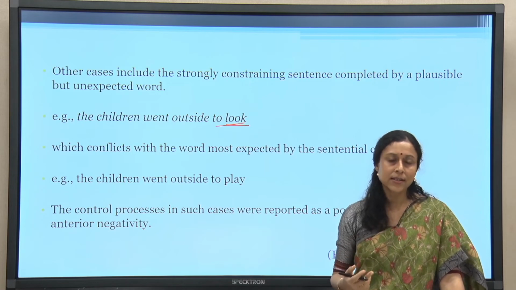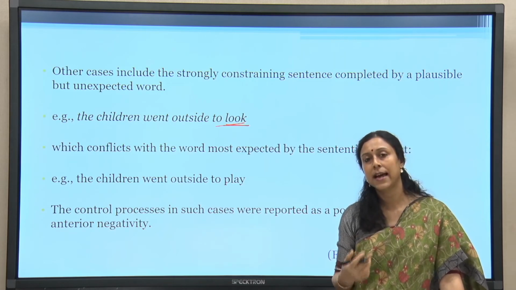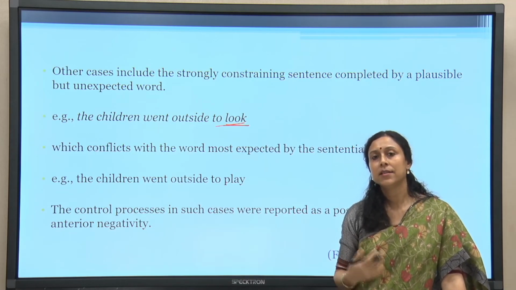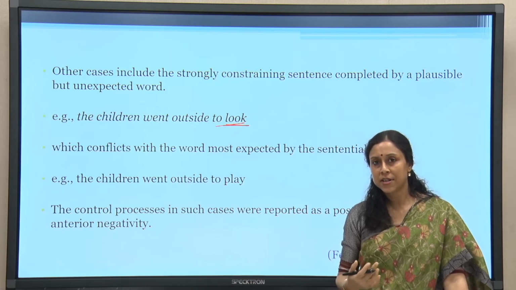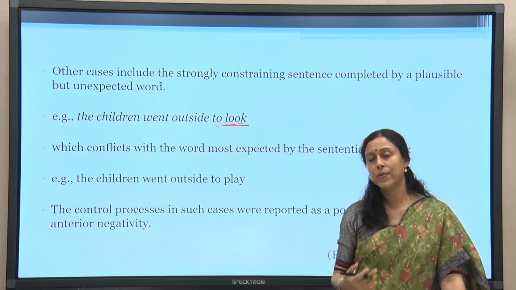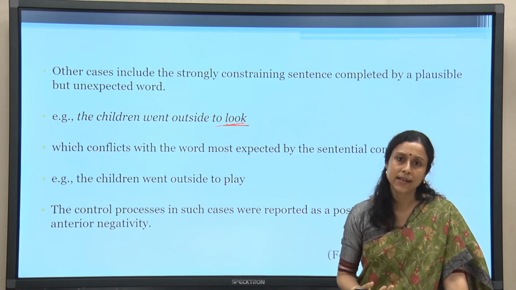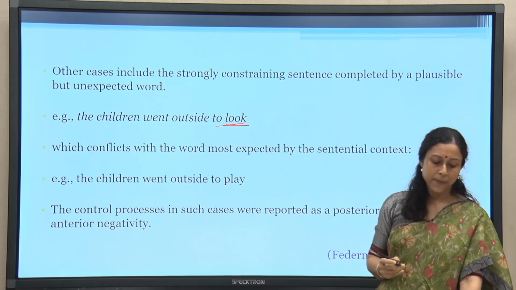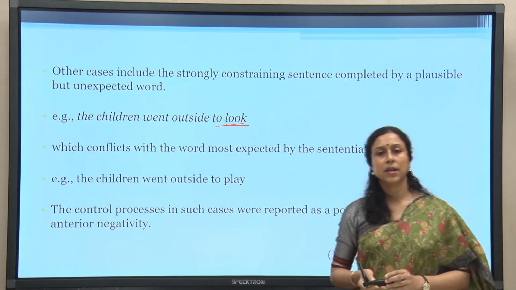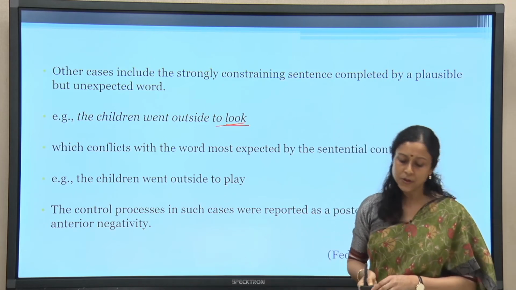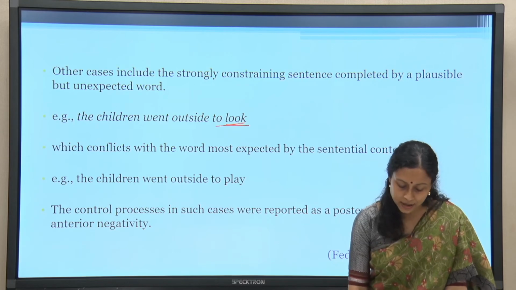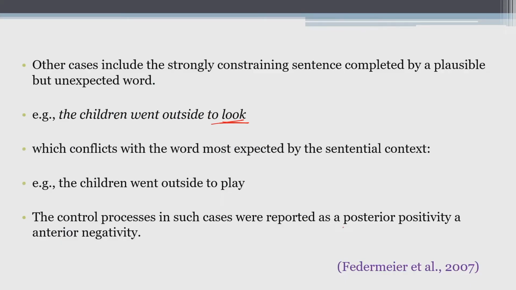Now, this resulted in a strong inhibition; this automatic interpretation had to be inhibited in order to facilitate the given task. And in all these cases, what we see is that a particular network responsible for executive control is activated. Similarly, we find the same things here as well: posterior positivity or an anterior negativity in ERP.